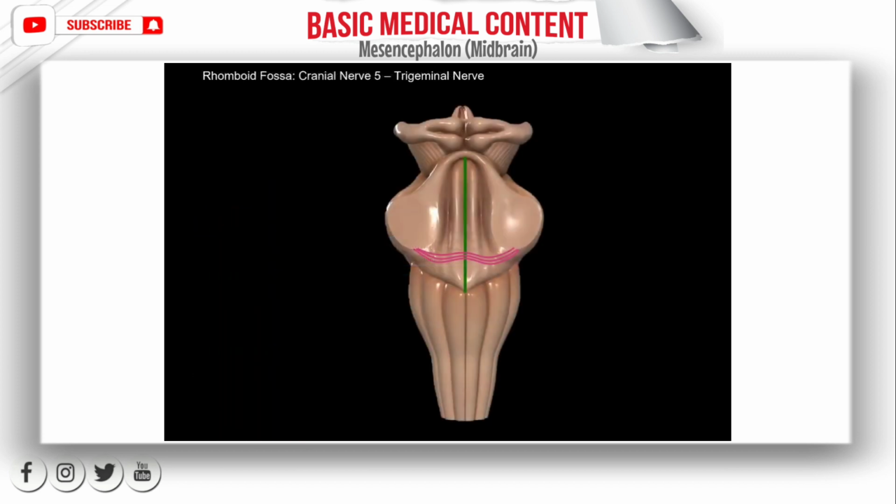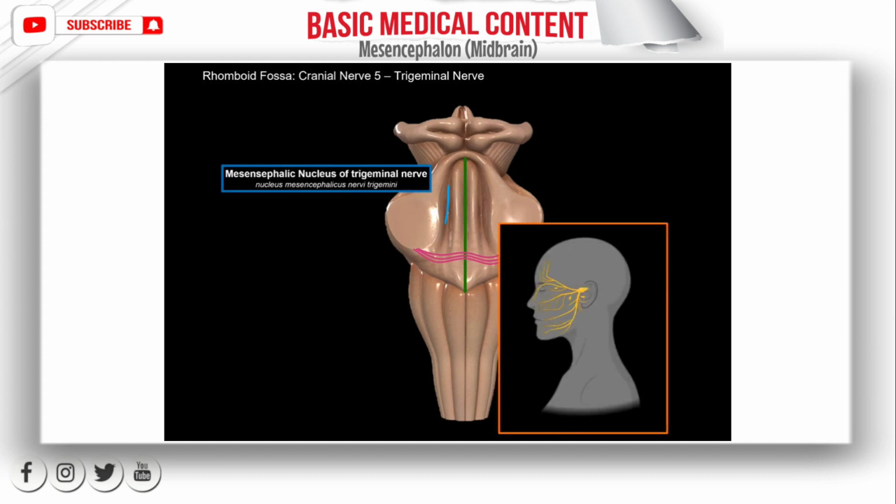Okay, so let's repeat the nuclei of the trigeminal nerve at the rhomboid fossa. These are the mesencephalic nucleus of the trigeminal nerve. So here's the trigeminal nerve. The mesencephalic nucleus takes part in sensory information from mainly muscles of mastication.